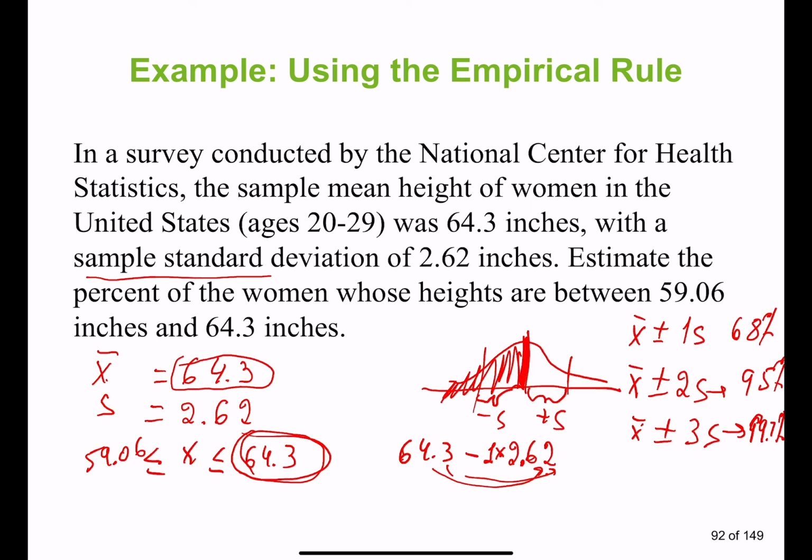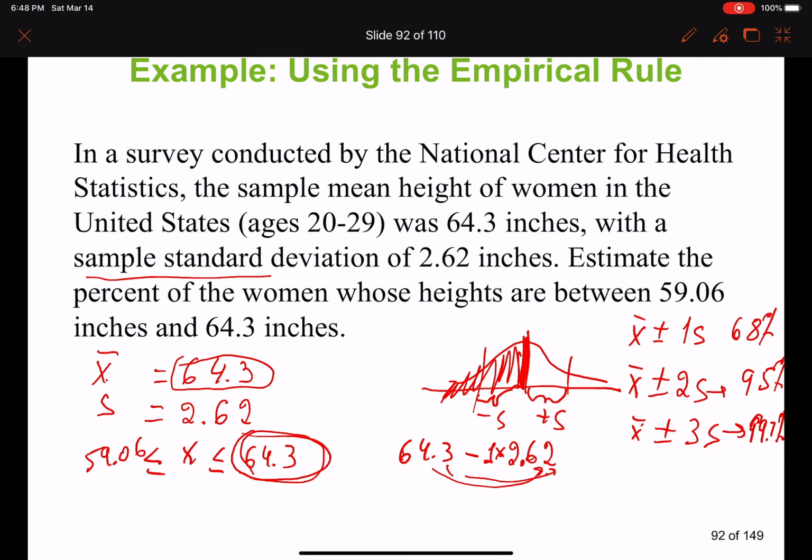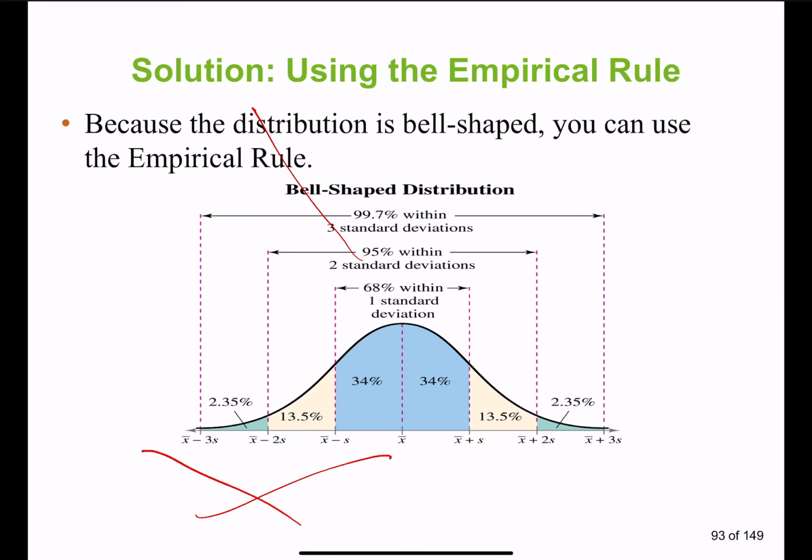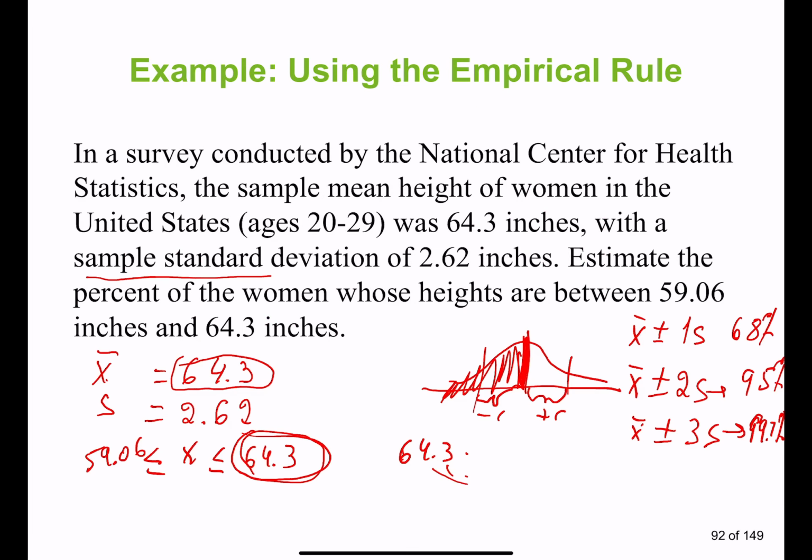So practically, 64.3 minus 2.62, because we are taking 1 time here.